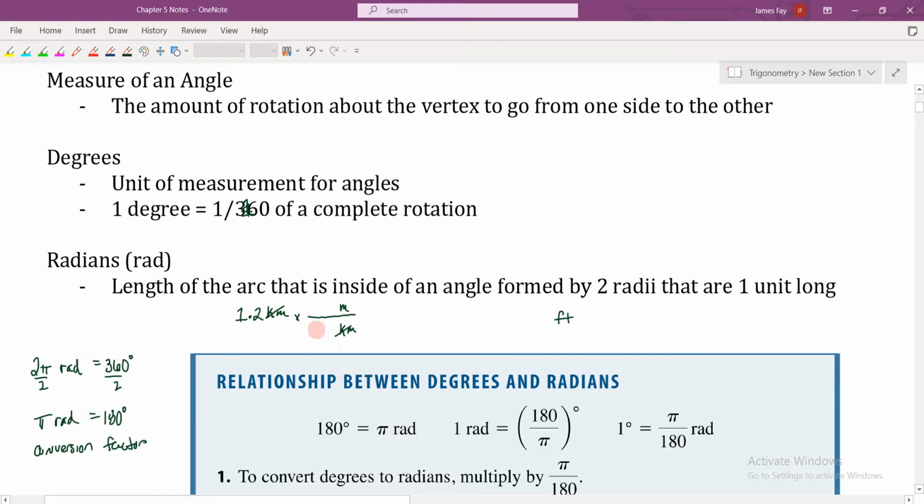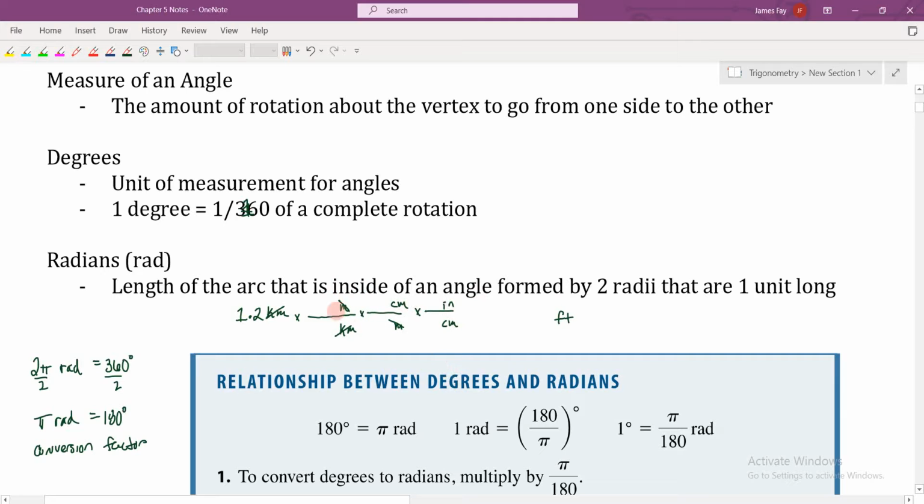And then if I do my calculations here, my units right now would be meters. Again, I don't know how to get meters to feet, but I do know how to get meters into centimeters. So we do that to where now our meters would cancel, and our centimeters would be the only thing left over. Likewise, I still don't know how to go from centimeters to feet, but I do know how to go from centimeters to inches.